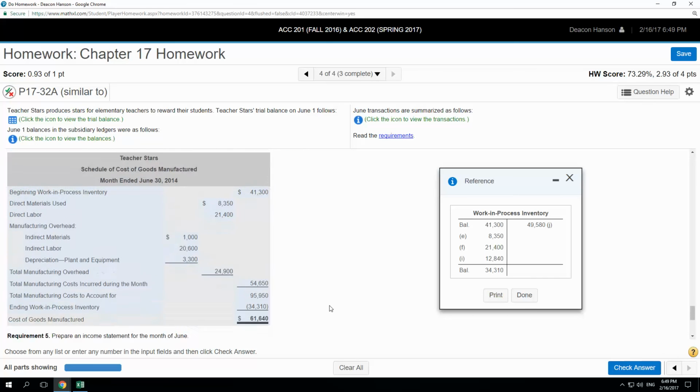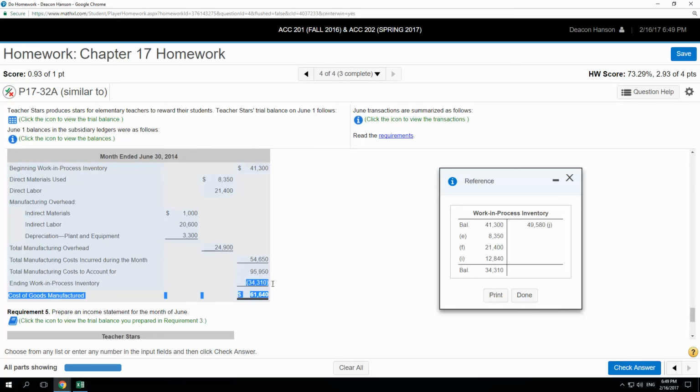Scroll back up. It put that in negatives for me, but it didn't require me to input it as a negative. But it is a subtraction. Okay. Which one do you subtract? The ending work in process. You subtract it from the total manufacturing cost to account for.